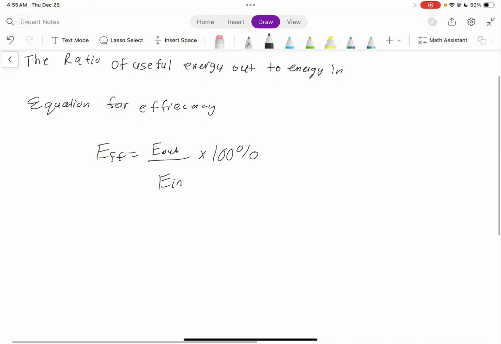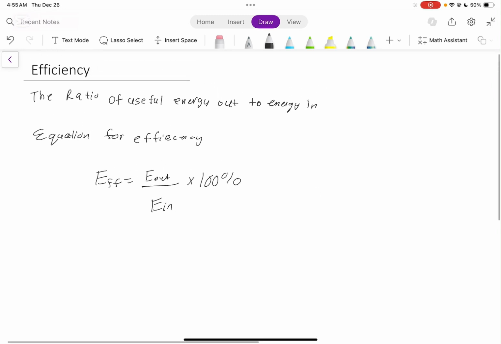So whatever our energy out is, we have to divide that by our energy in and multiply that by 100%, and we will get our efficiency for that particular system or device. So let's look at a few questions and maybe a few more examples of where efficiency and energy are really used.